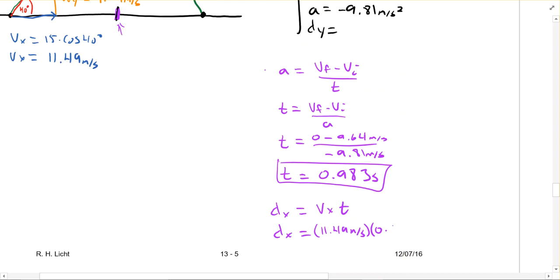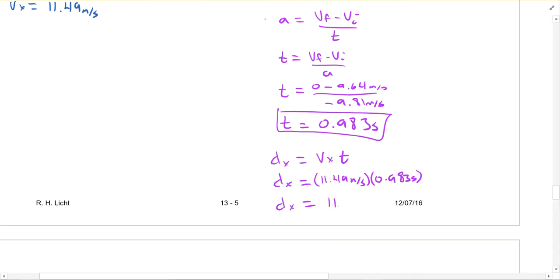My time was 0.983 seconds. So dx is going to be equal to 11.29. And then the last thing I want to do is multiply that by 2 to get the whole distance. So times 2, dx is going to be equal to 22.6 meters.